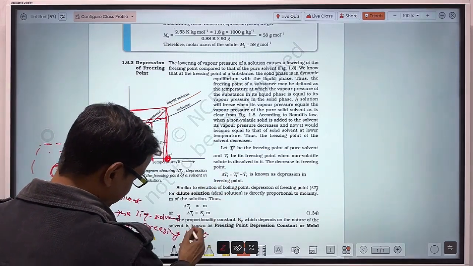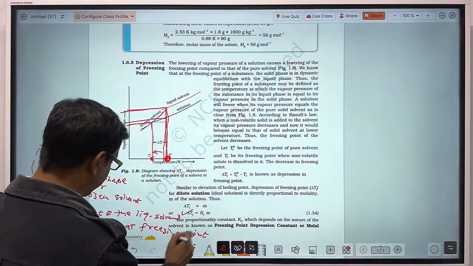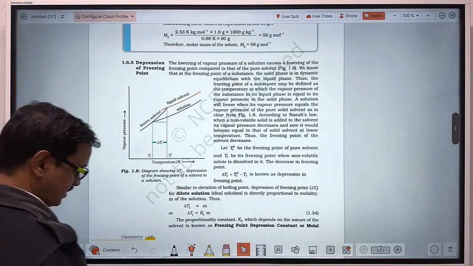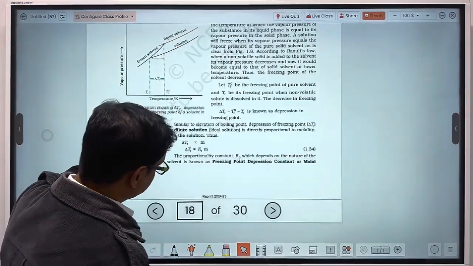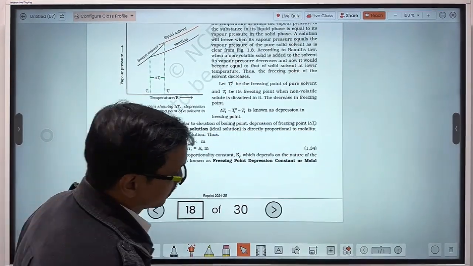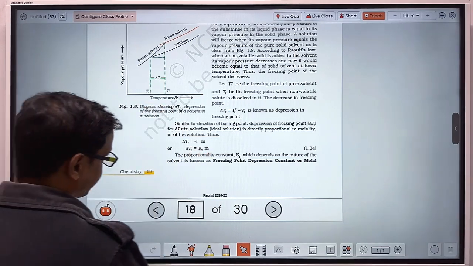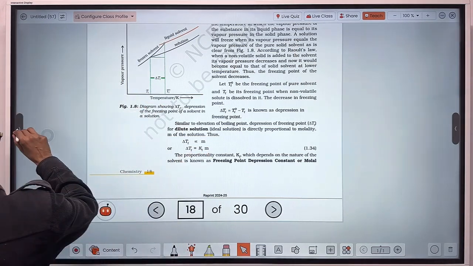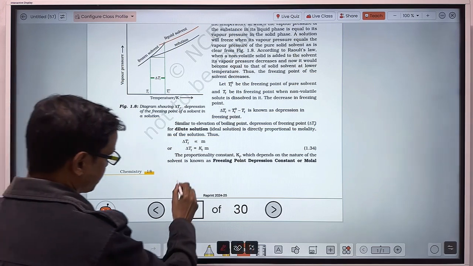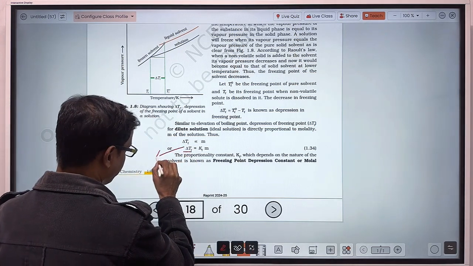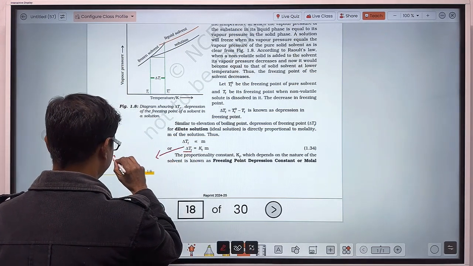Now, same as you have derived, delta Tf equals Kf into molality of the solution, as you derived in the case of elevation in boiling point. Here delta Tf is the depression in freezing point.